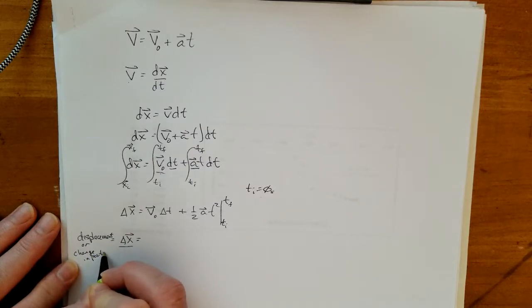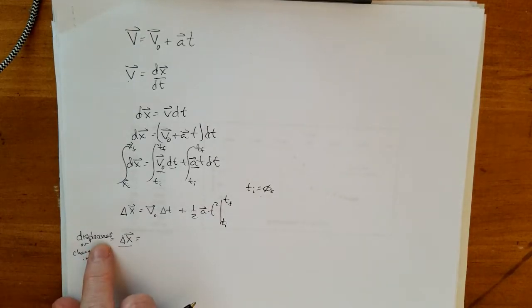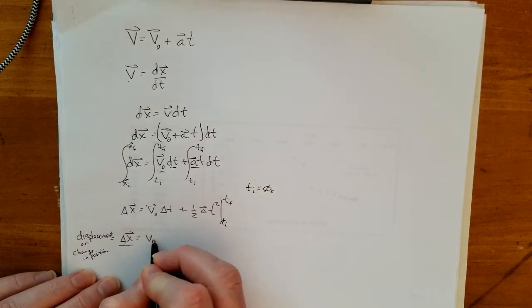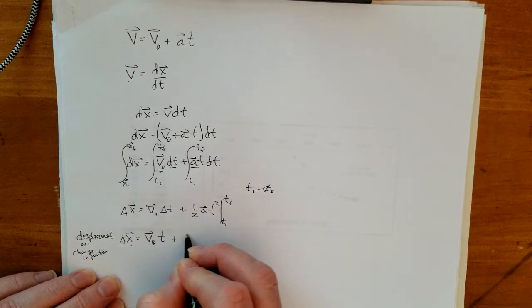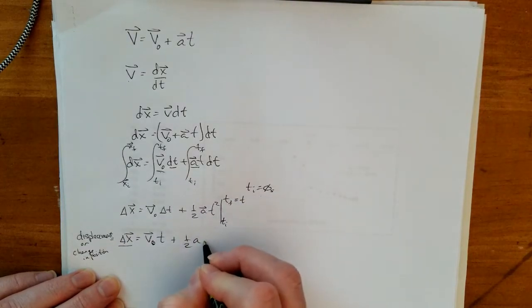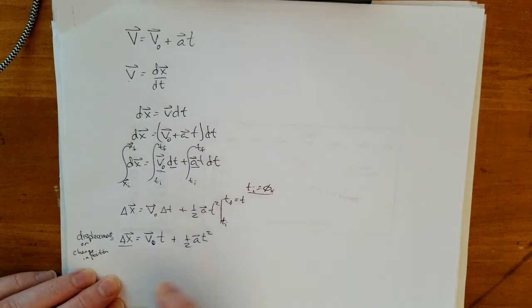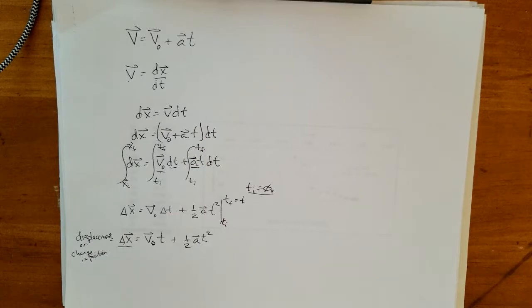Matter of fact, I think there's a master set either for 151 or 251 where I ask for what is the displacement of this problem, and then I ask for change in position of the problem, and not everyone always puts down the same answer. So this is v naught t plus 1/2 a. I guess this t final becomes t under that situation. 1/2 a t squared. And so the second one is derived right there.